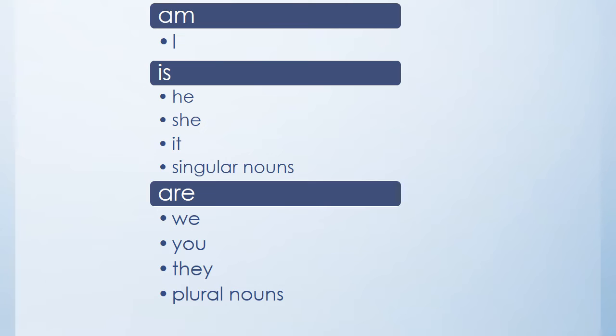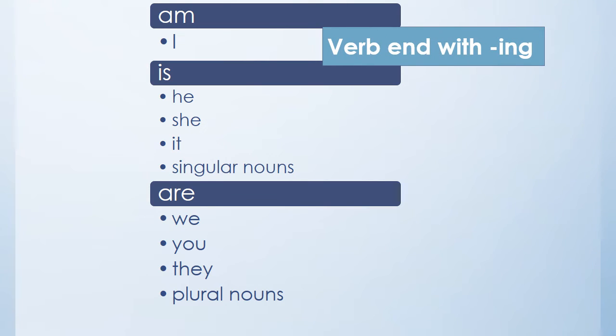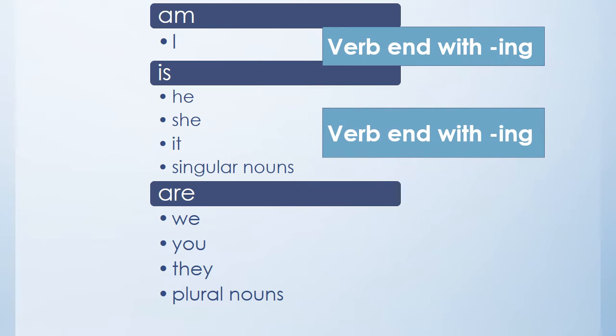Now, when we change the verb to present continuous tense, we use I am with a verb ending with ing. Same way, when we use is with he, she, it, or any singular nouns, we use he is with a verb ending with ing.